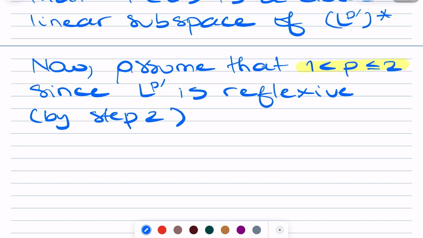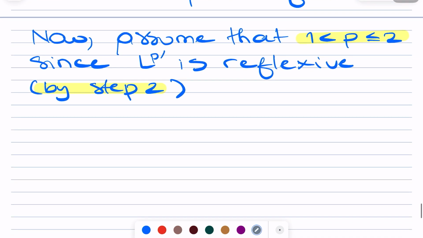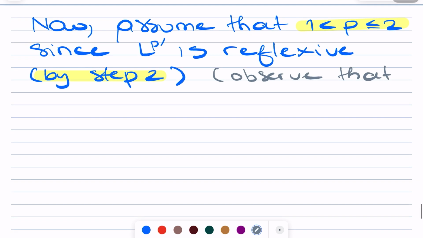Let me just write the reason why. In fact, observe that p' is greater or equal than 2 and strictly less than plus infinity.